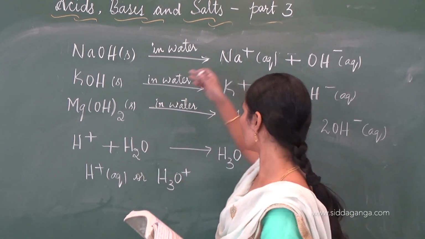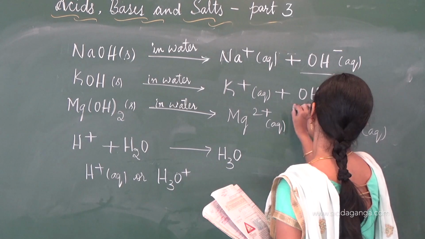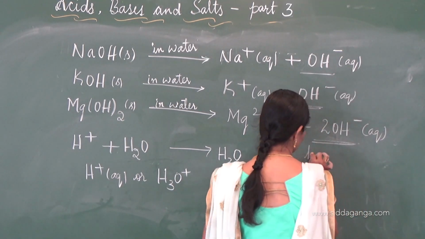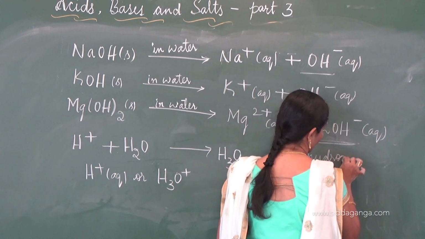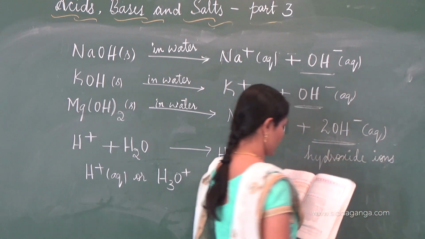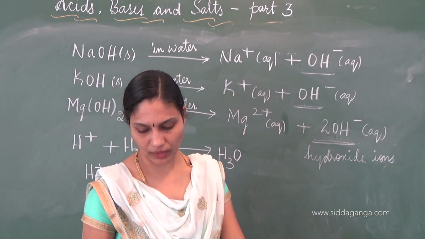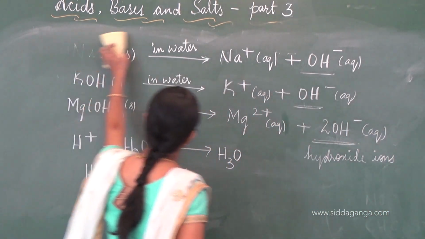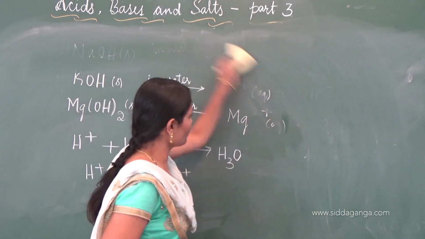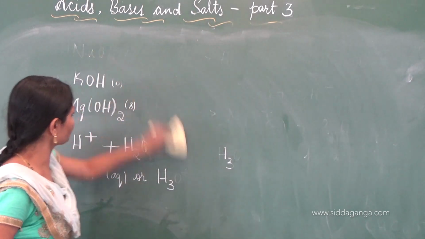So from all these equations, we understood that OH- ions, that is hydroxide ions, are produced. With this background, we will once again come back to the neutralization reaction.